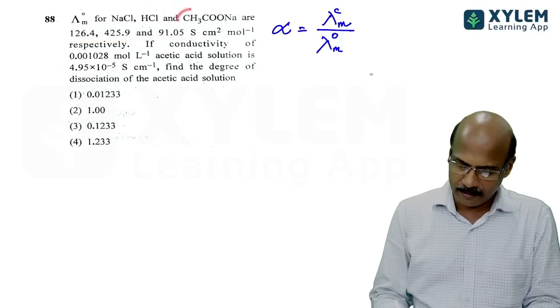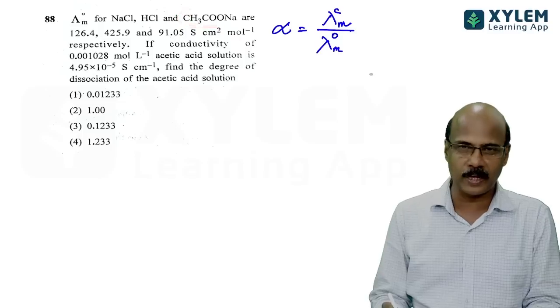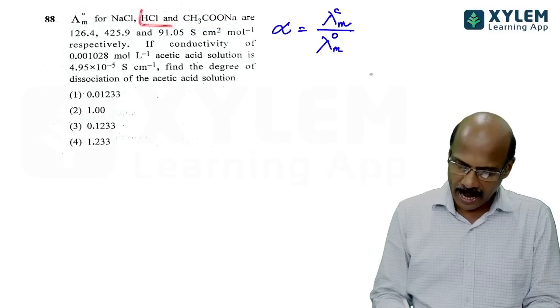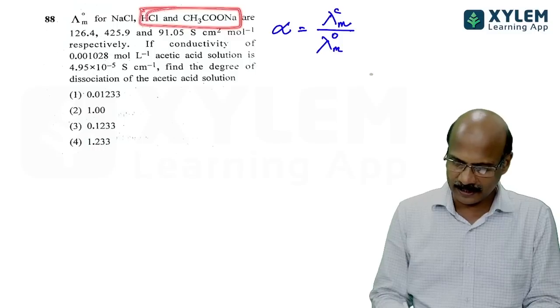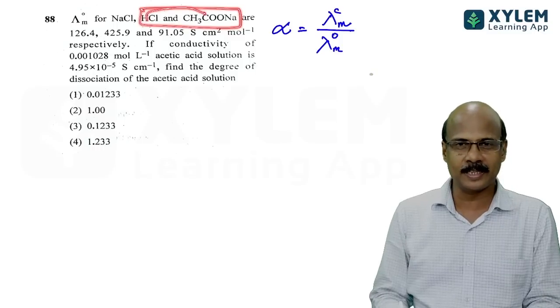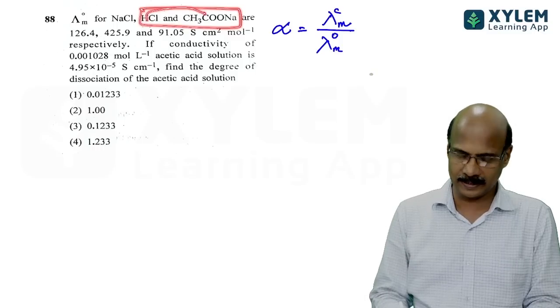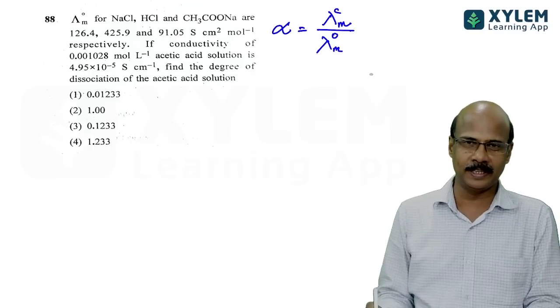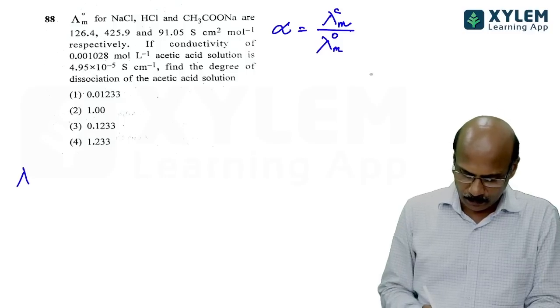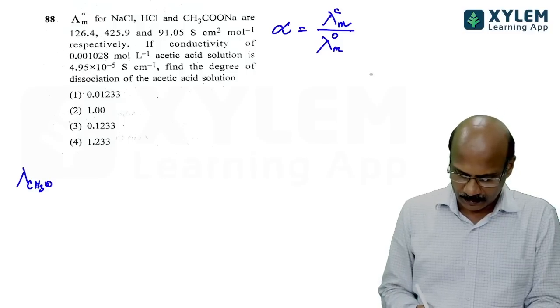To get the limiting value of molar conductance of acetic acid, you can add the molar conductance of HCl and sodium acetate, and subtract the conductance of NaCl. So adding the two and subtracting that of NaCl, you will get the limiting value of molar conductance of acetic acid at infinite dilution.